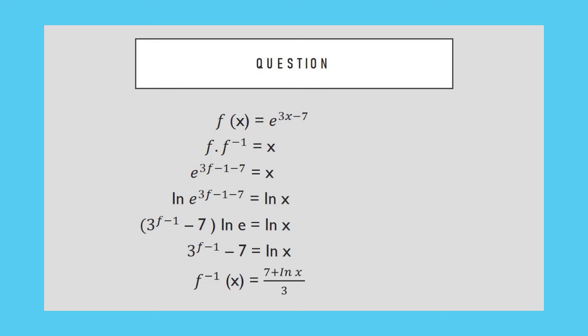So 3 f inverse x minus 7 equals ln x. So the final answer is inverse function x equals (7 plus ln x) over 3.